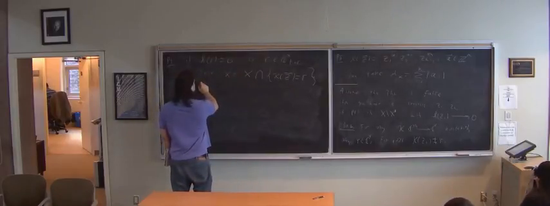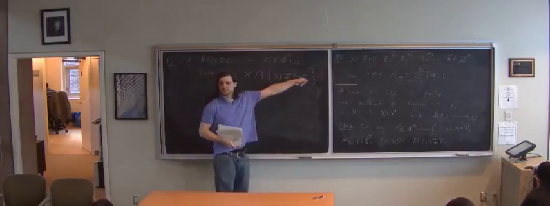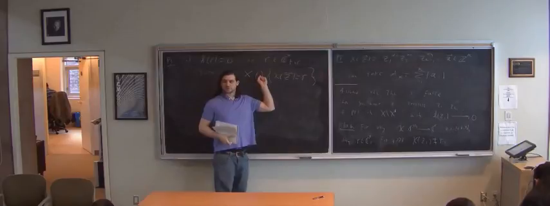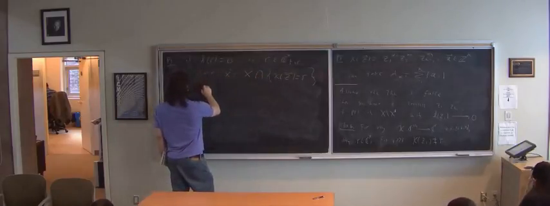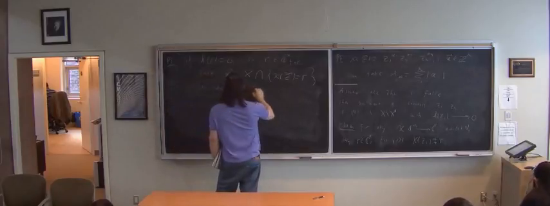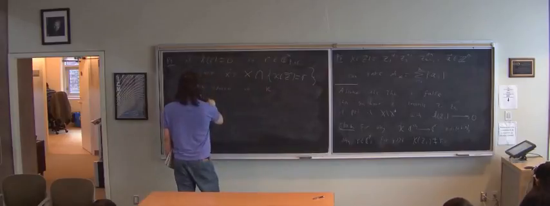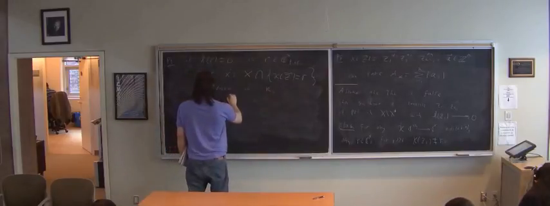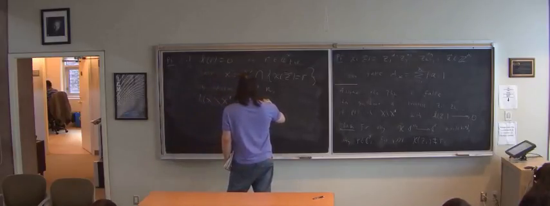This is just like C star to the n minus 1, so we can apply induction to X prime. By induction on n, we know that the height of X prime minus X prime star is bounded from below.